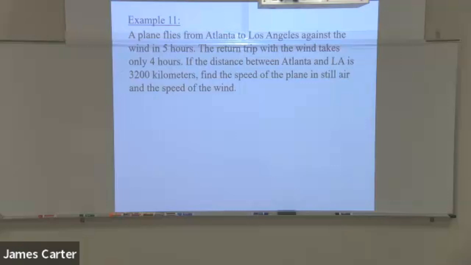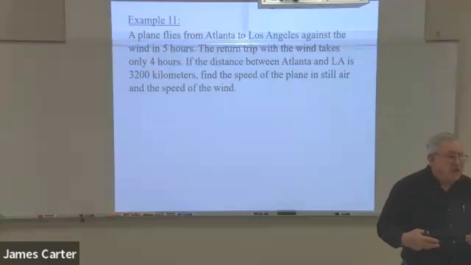This one now, earlier on, we did some directional problems. When you're going with the wind, your rate benefits, it speeds up. When you're going against the wind, then your rate slows down.